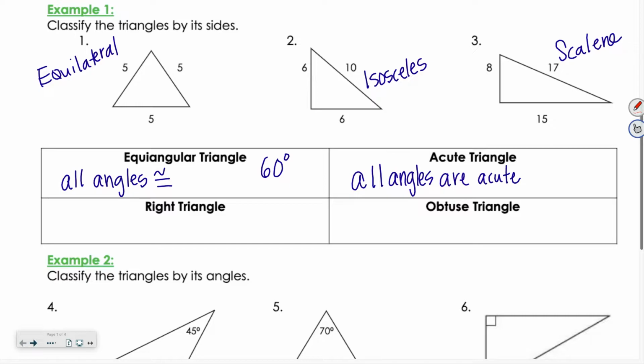Okay, what about right? One right angle. We're smart enough at this point to know you can't have 2, because then we'd run out of degrees. And then obtuse is one obtuse angle.